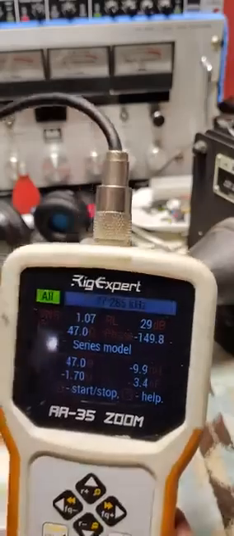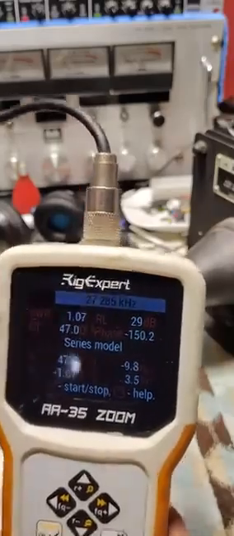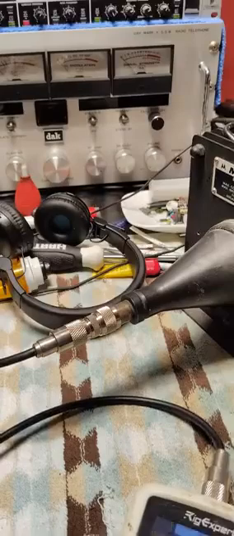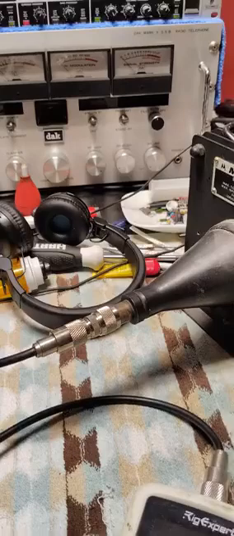But that does not mean that there is not a standing wave on your cable. There is still a standing wave on your cable. Does that mean it's going to be radiated or reflected back to your antenna? It all depends on phase angle.